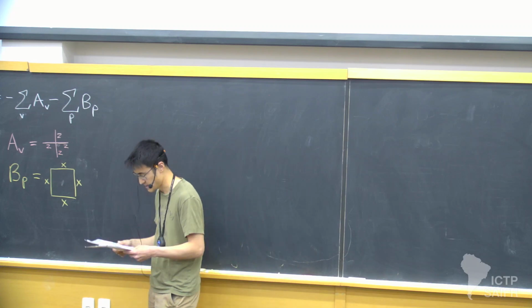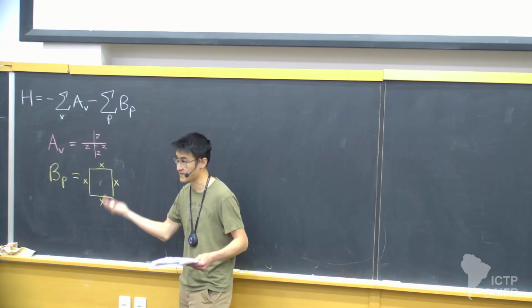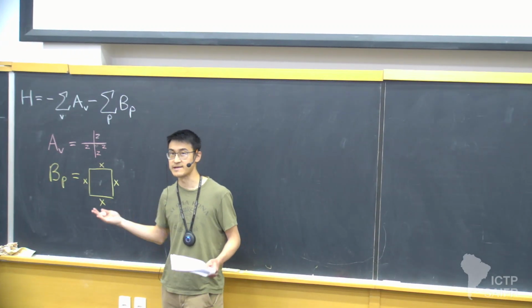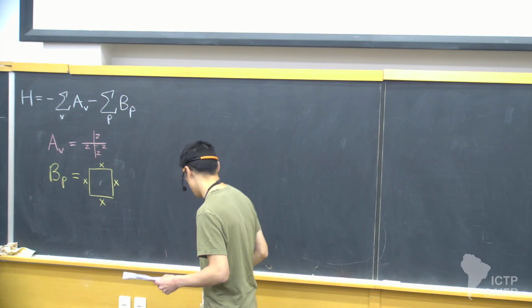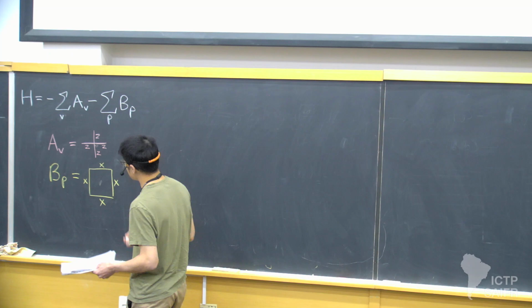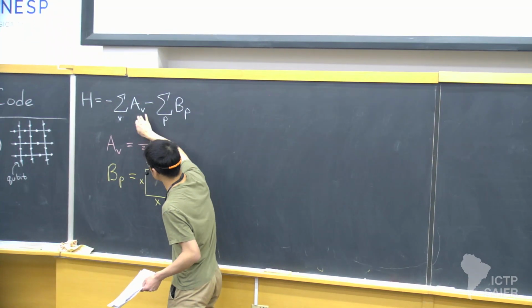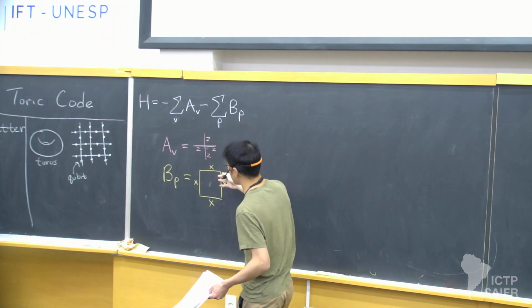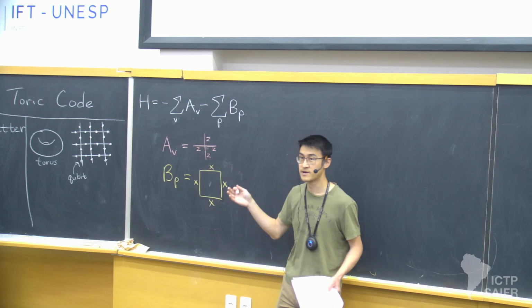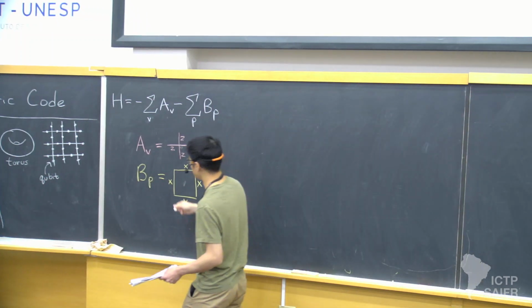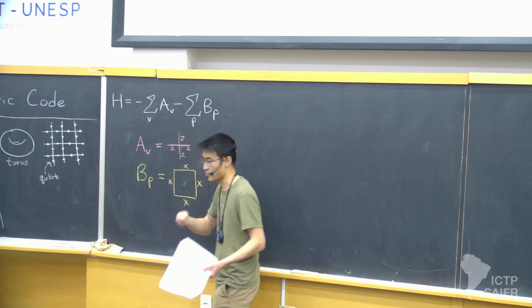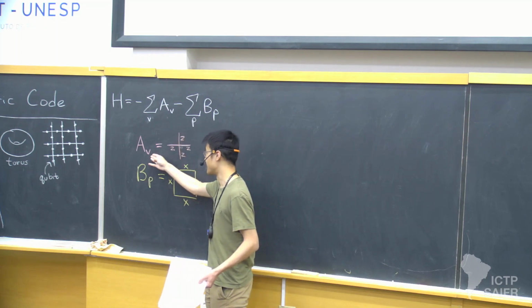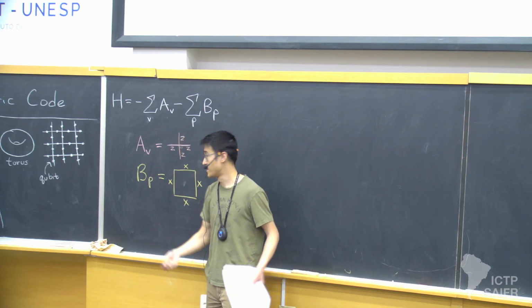Now let's again try to understand the physics of the ground state of this Hamiltonian. One thing that we should first notice is that all these terms in the Hamiltonian commute with each other. If you look at the A terms, that's a product of Z's. Z's always commute with each other, so A's commute with other A's.